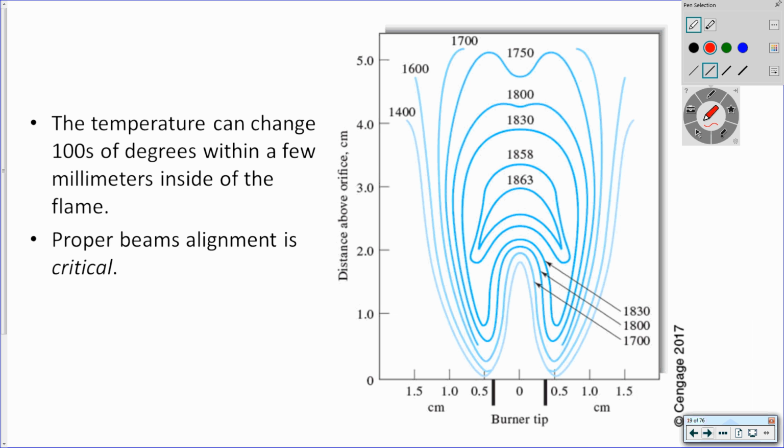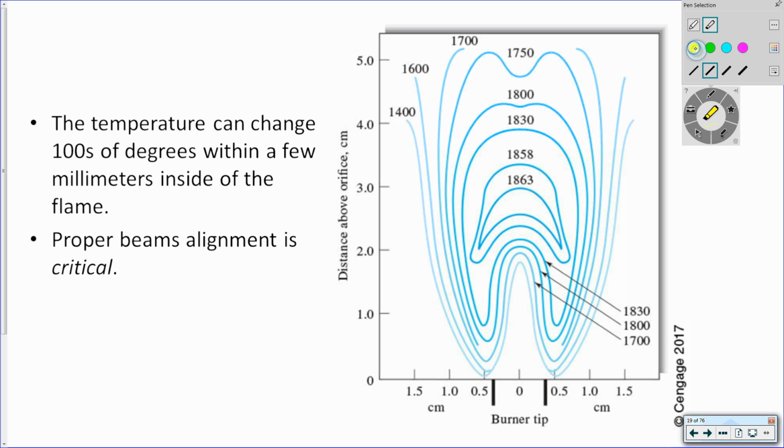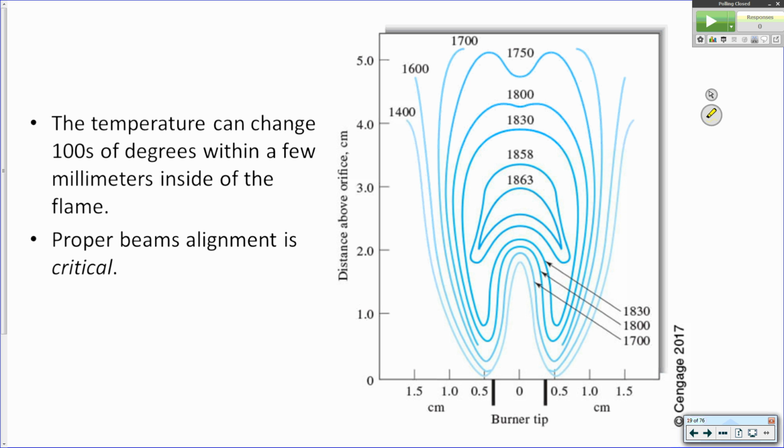And this just gives an example of how much a Bunsen burner can vary. So here is a thermal image profile of a Bunsen burner, and you've got the tip of the burner, which is a centimeter wide or so, and going up a centimeter, you're changing from our lowest temperature, 1400 degrees, in a period of about 2 centimeters going to almost 1900 degrees.